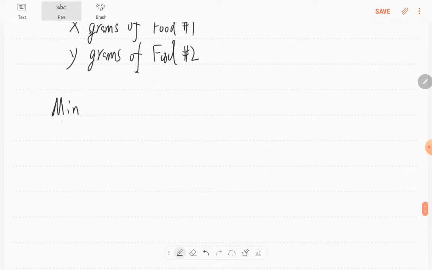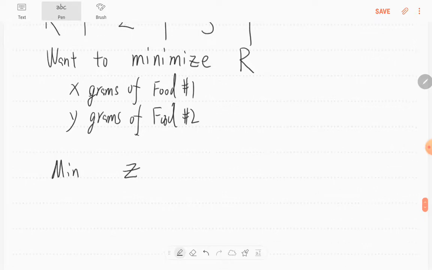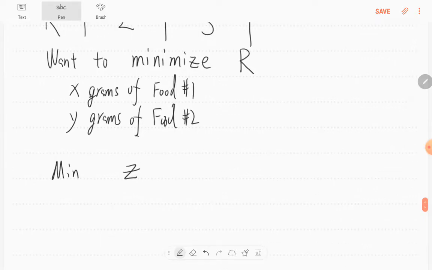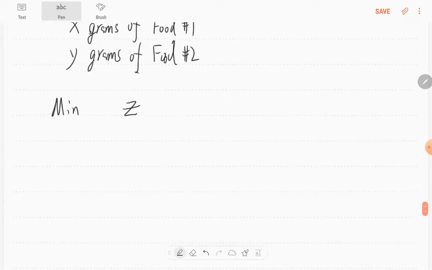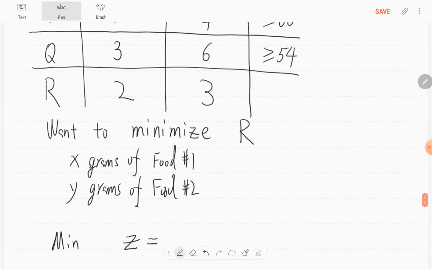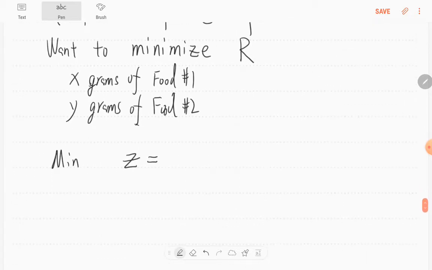We use MIN to denote minimize. Z is the units of substance R for each day. We want to minimize Z. Food number 1 contains 2 units of R per gram, and this is x grams, so it's 2x.